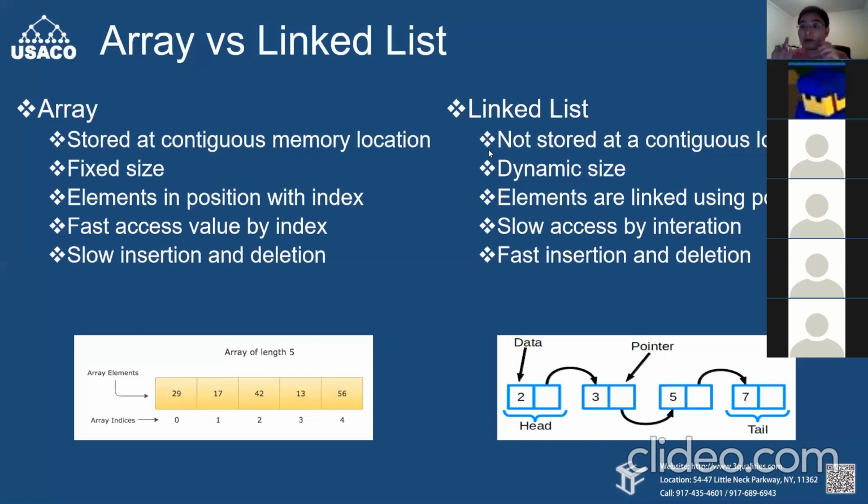Which means when you create an array of size 10, the CPU will go to the memory location and give you 10 memory boxes, so you can use those contiguous memory locations.